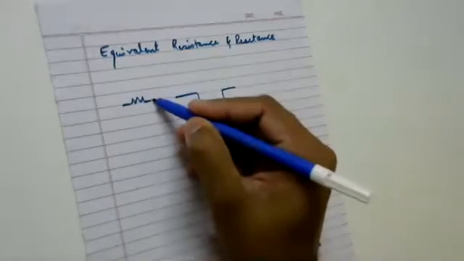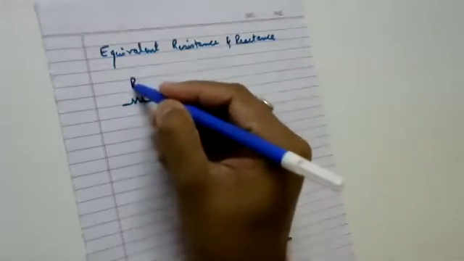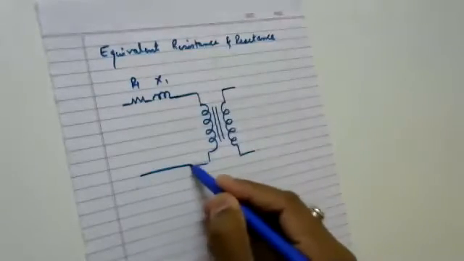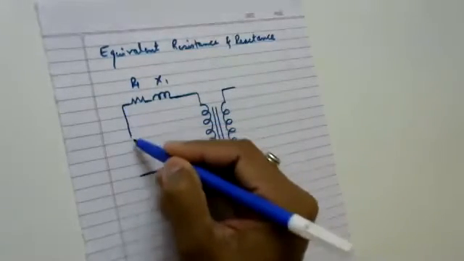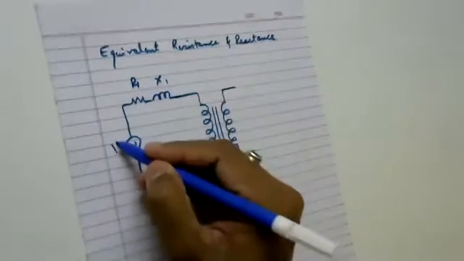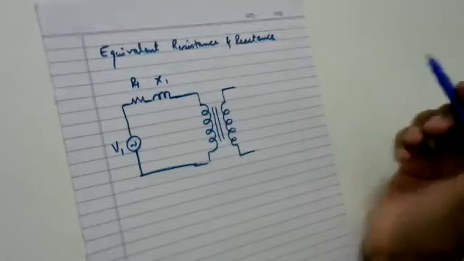That leakage flux is shown with the help of a reactance. So this is my R1, this is my X1, and the circuit is excited with an AC voltage source. Let me call it V1.